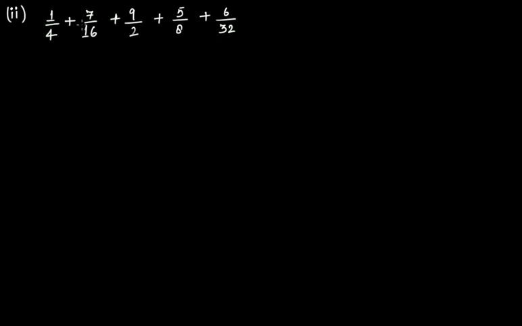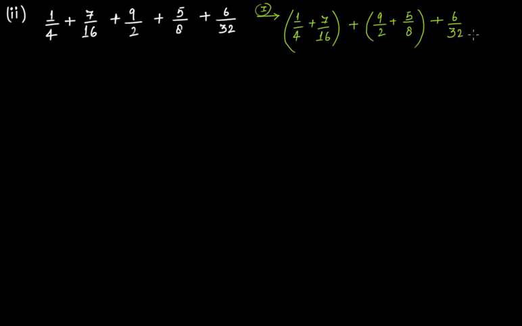This is 1 over 4 plus 7 over 16 plus 9 over 2 plus 5 over 8 plus 6 over 32. Here we have 5 rational numbers. So if I apply one way, that is the associativity one, in this case, I can put 1 over 4 plus 7 over 16 in one bracket, then plus 9 over 2 plus 5 over 8 in one bracket and plus 6 over 32, right?